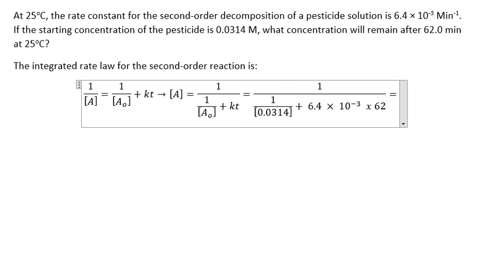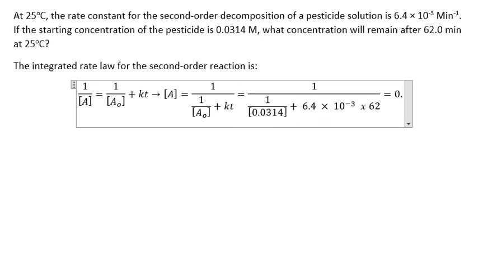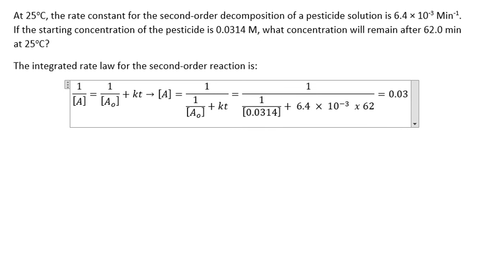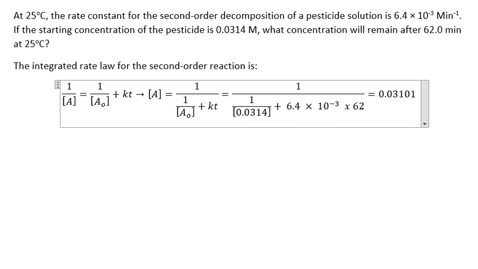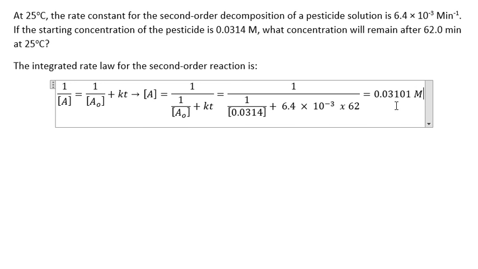And we have 0.03101, and that is the final answer. This is the end.